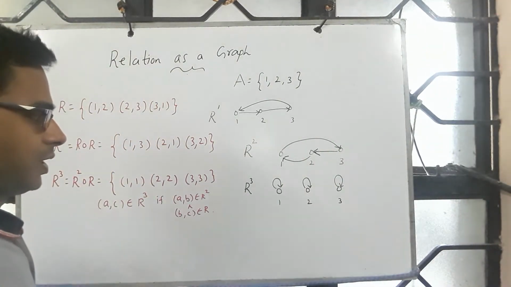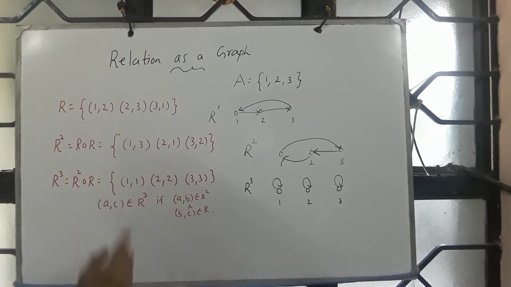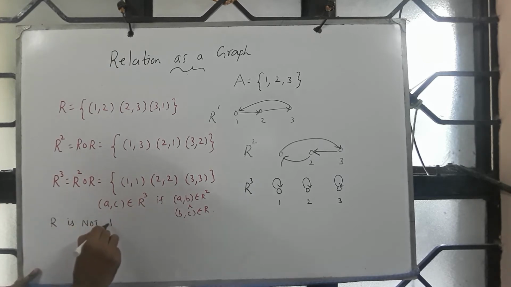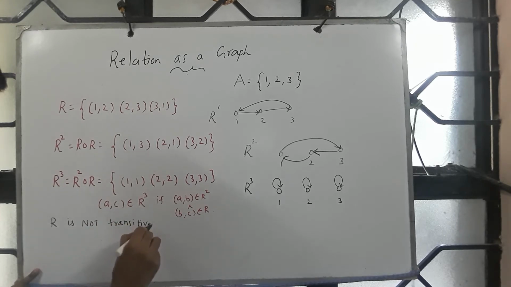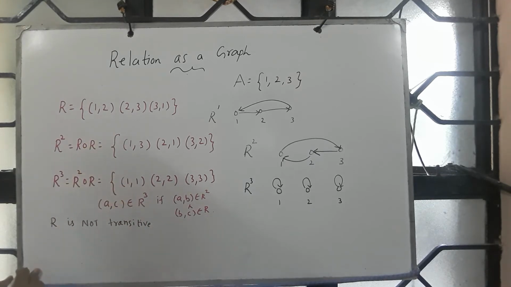Okay. Now we looked at this as part of when we discussed transitive closure. We said R is not transitive, then we applied a systematic procedure to construct the transitive closure of R. Then we asked, is R union R square transitive?